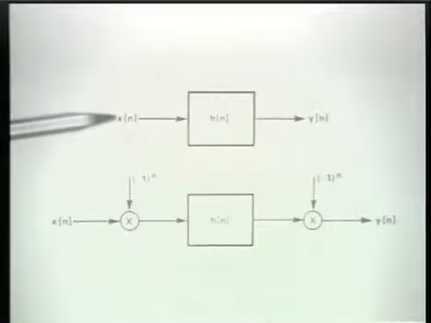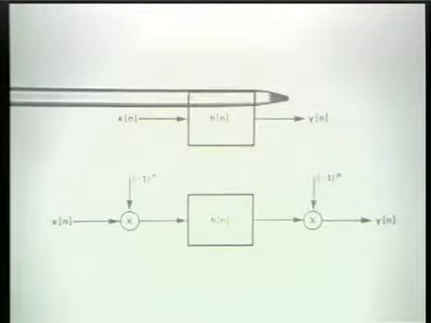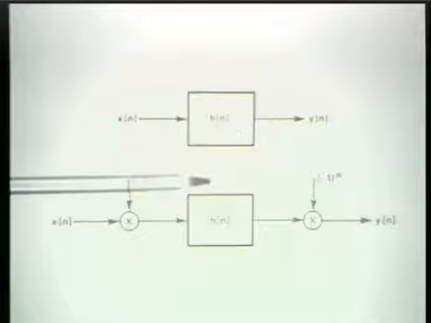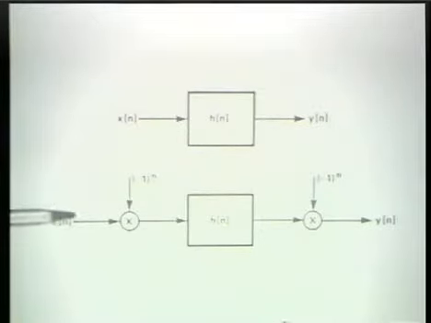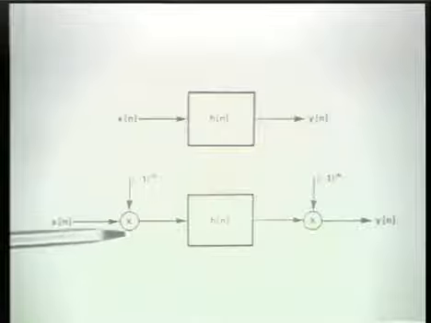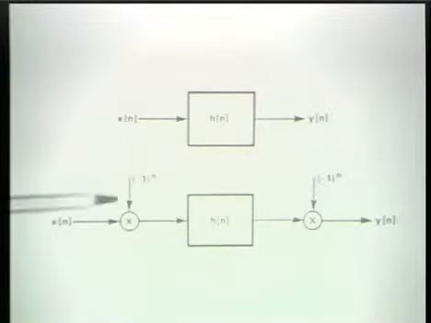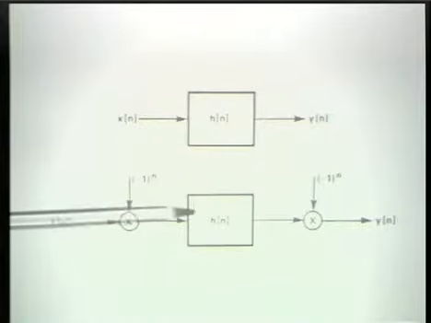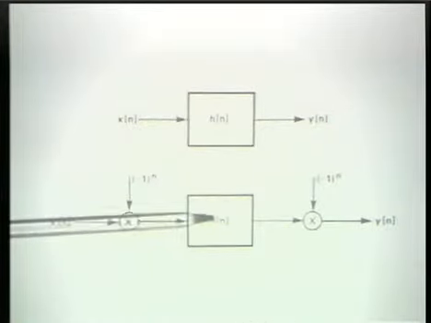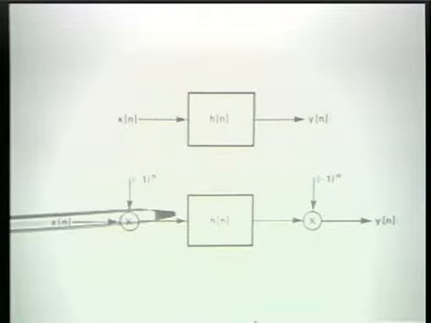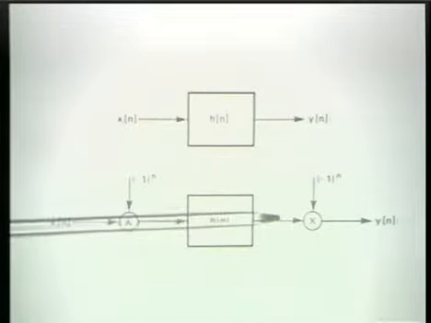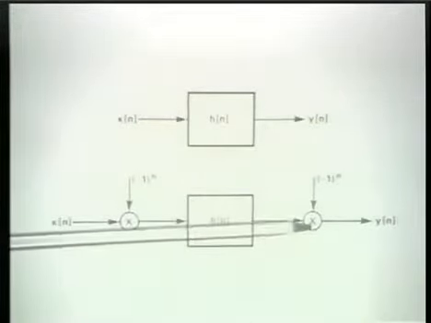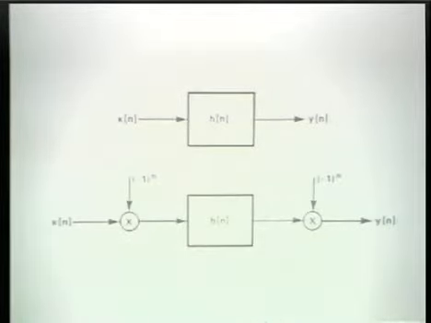Let's suppose, for example, that this system was a low-pass filter, and so it low-pass filters whatever comes into it. Down below, I indicate taking the input and first interchanging the high and low frequencies through modulation with -1 to the n, doing the low-pass filtering, where what's sitting at the low frequencies were the high frequencies of this signal, and then after the low-pass filtering, moving the frequencies back where they belong by again modulating with minus 1 to the n.